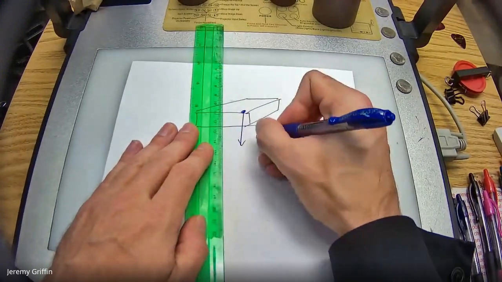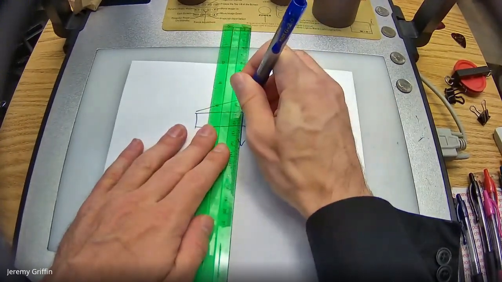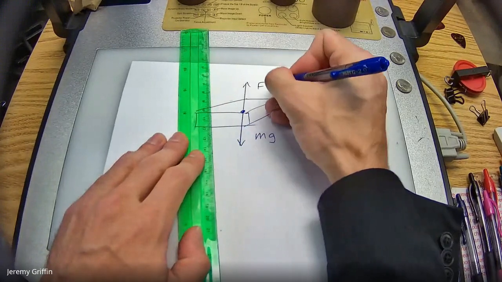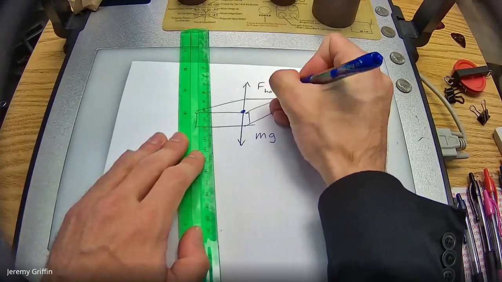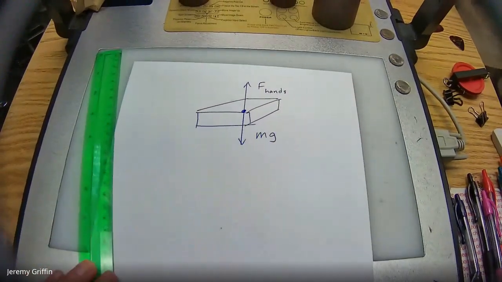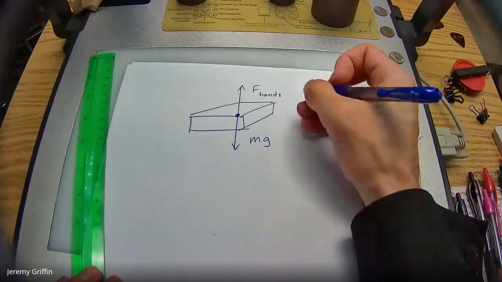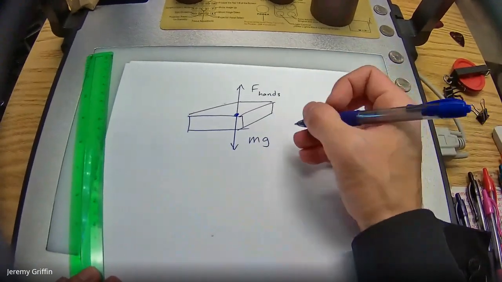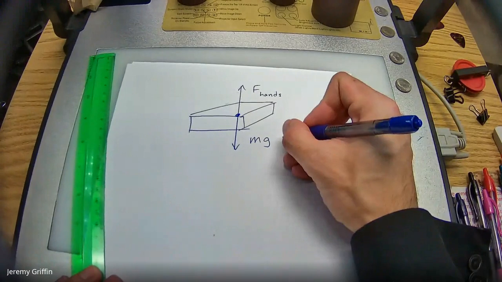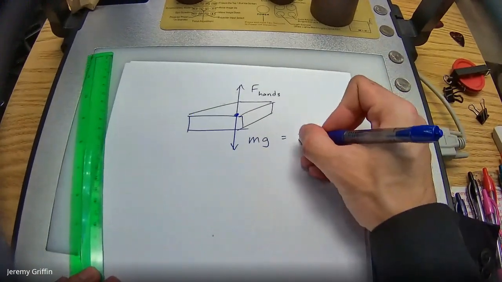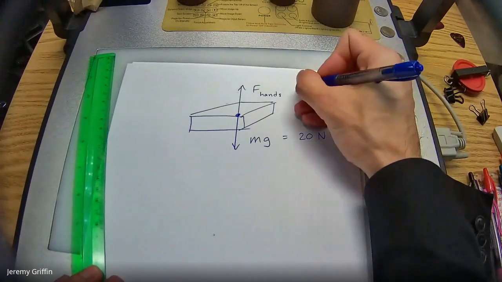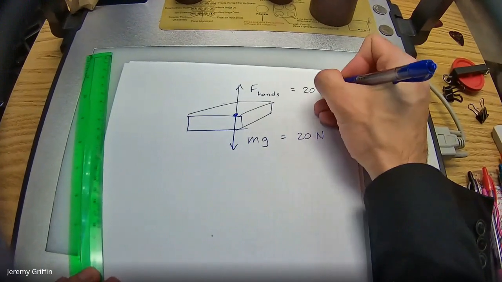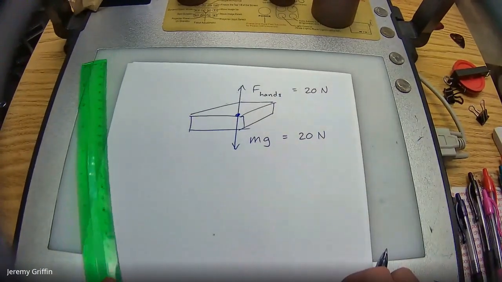So this thing has a weight acting straight down, and maybe a force from your hands holding it up. If you're holding it at rest, that would be the entire story, wouldn't it? I'm going to throw in some numbers. What if the book weighs 20 newtons? Well, you must be applying a 20 newton force just to hold it up at rest, right?